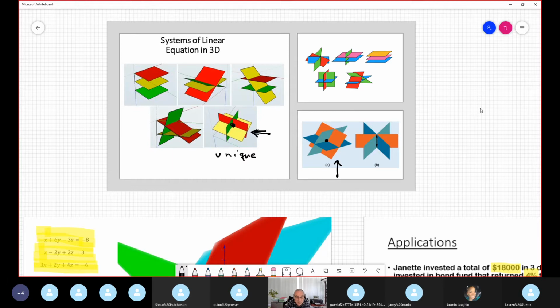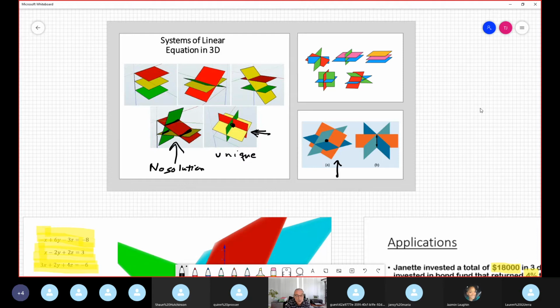Suppose this case. In this case, we have no solution. We have an intersection here, this line, between yellow and red. We have another line here, and another line. But we have no common point between green, red, and yellow.